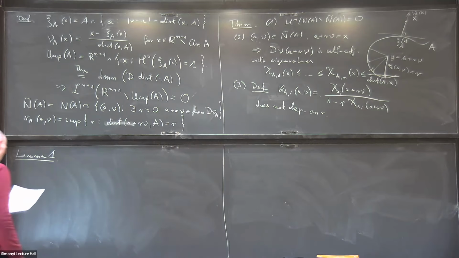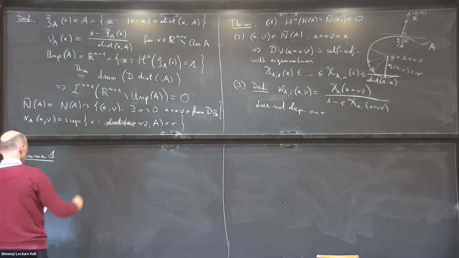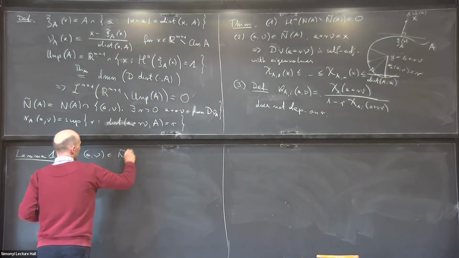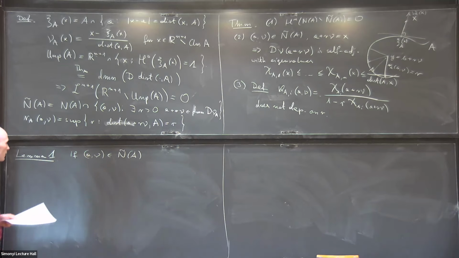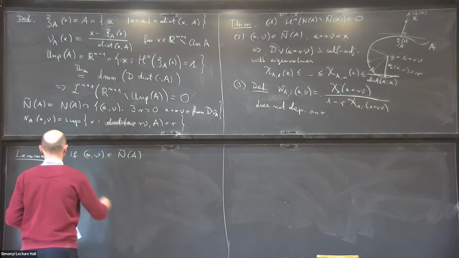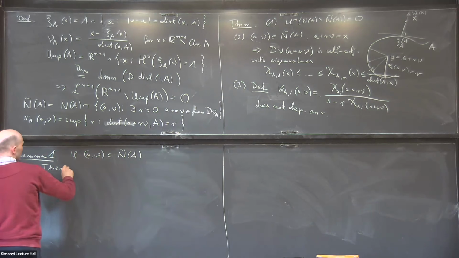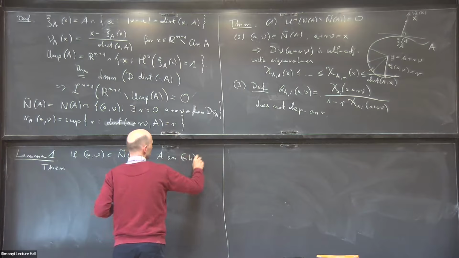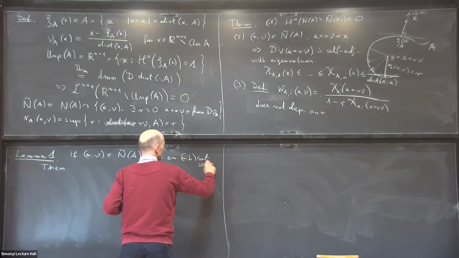First lemma is the following. Assume you have a nu in this normal bundle, and A is an NH set with respect to phi.